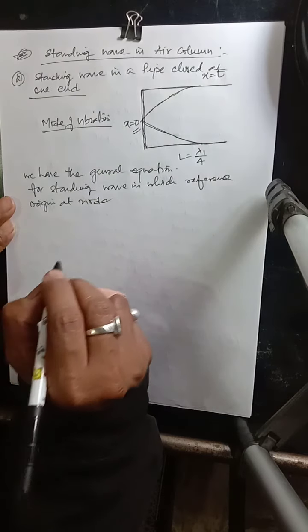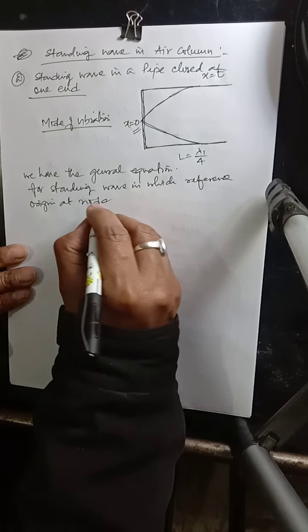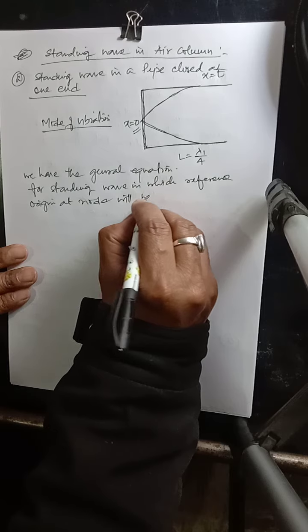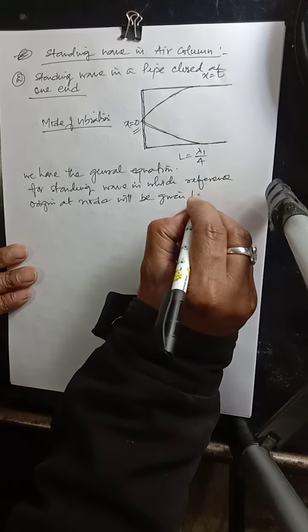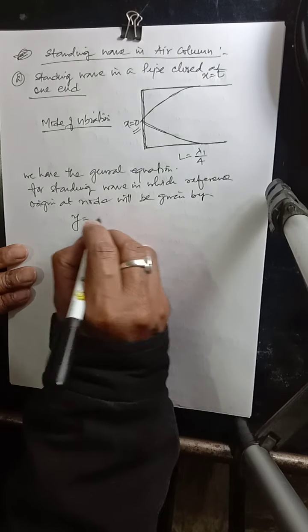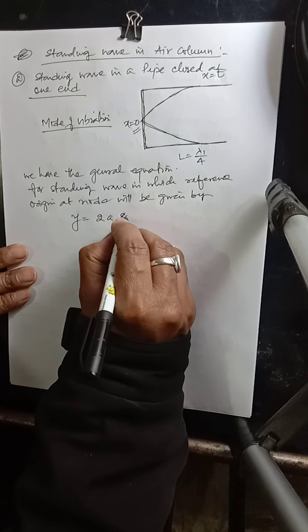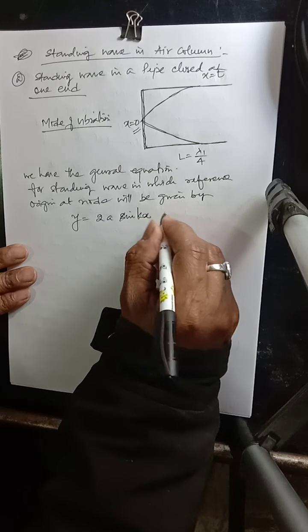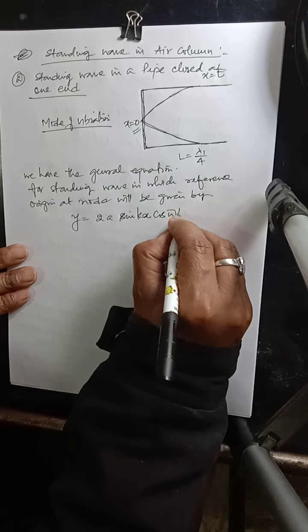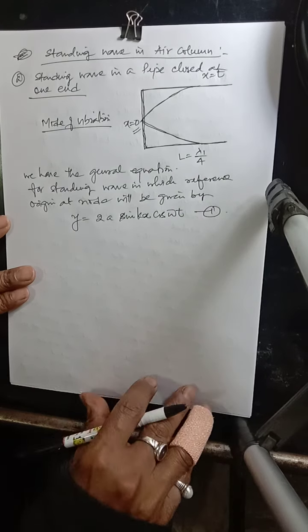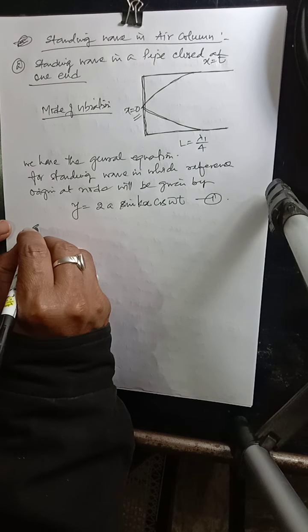This is the reference origin, and it will be given by y is equal to 2a sin(kx) cos(omega t). This is the first equation.